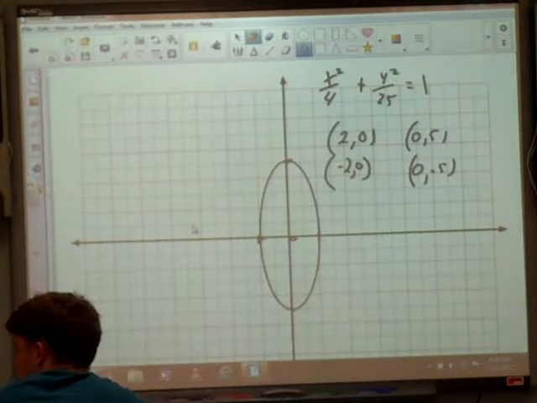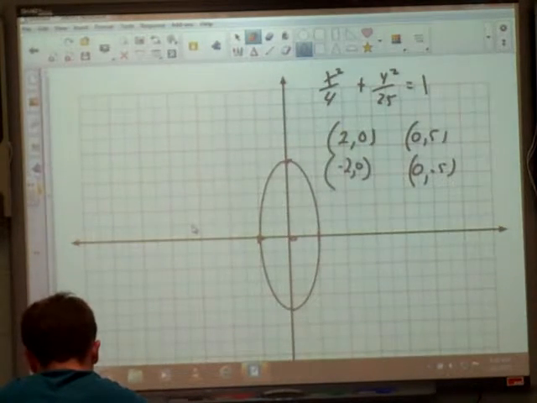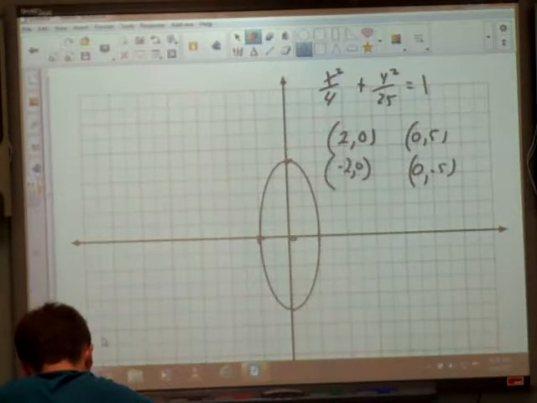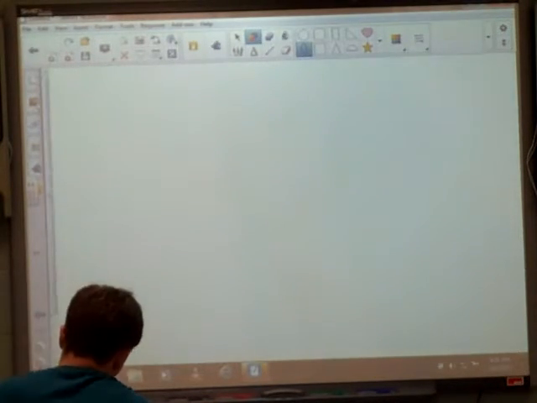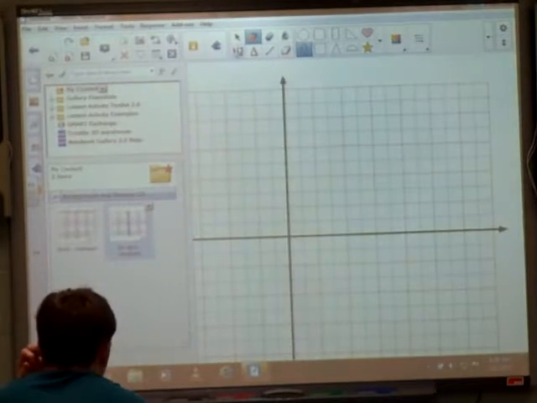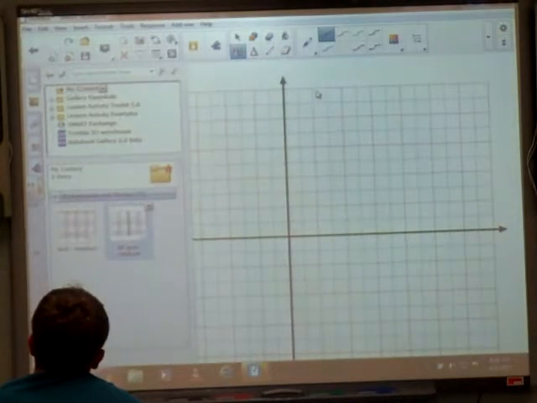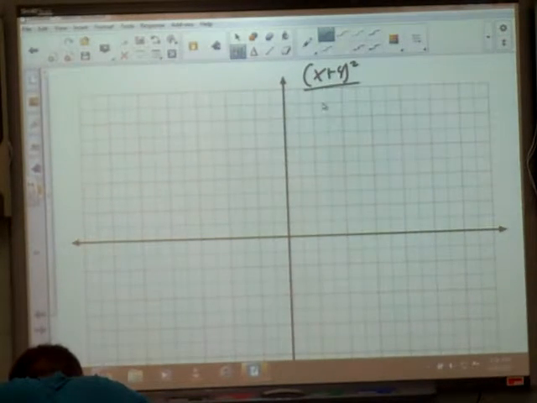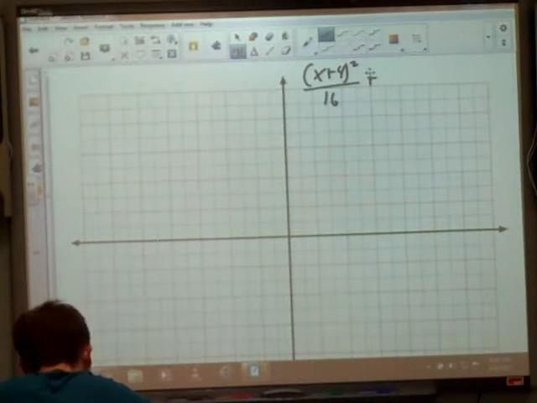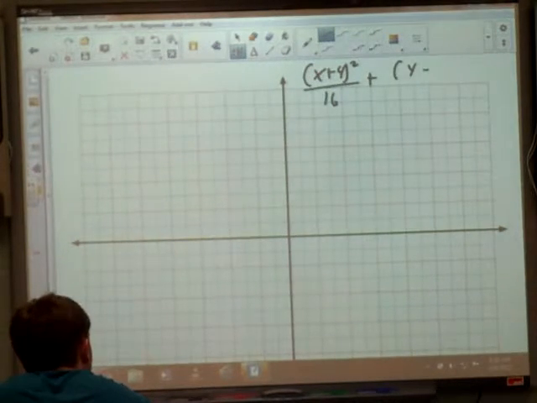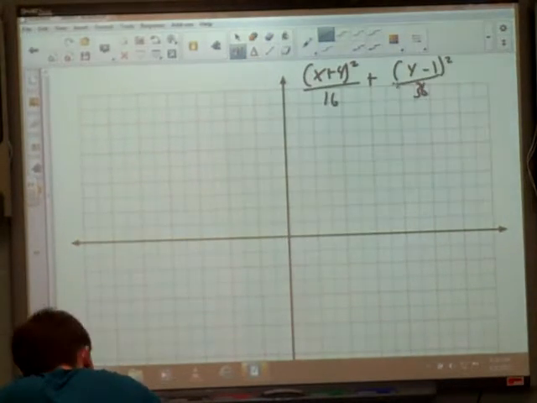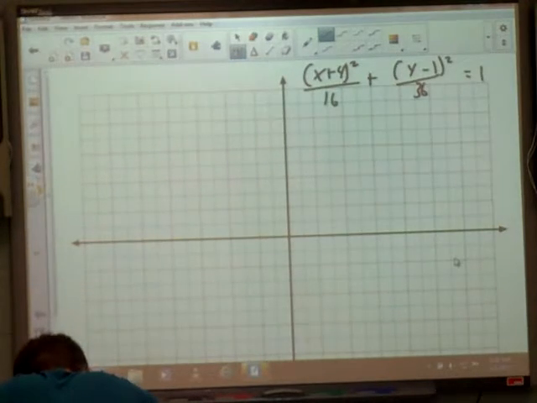Alright, let's look at what one will look like if it's not centered at the origin. Everybody got what you need on that one? Alright, I've got (x plus 4) squared over 16 plus (y minus 1) squared over 36 is equal to 1.